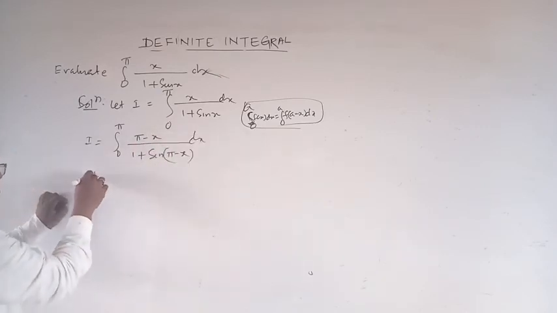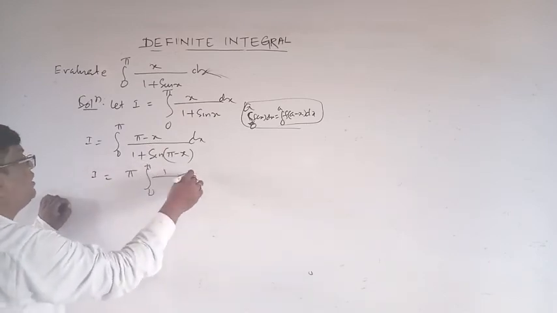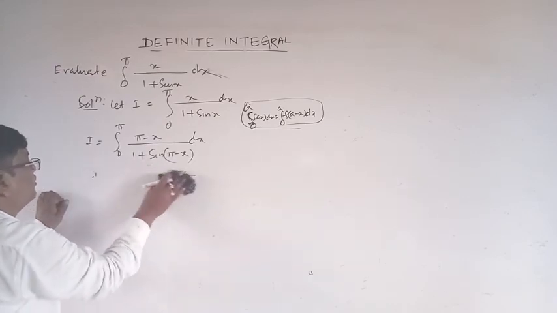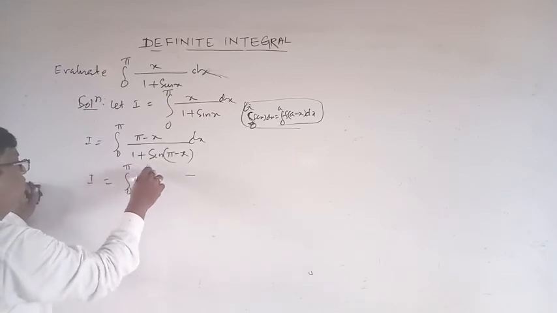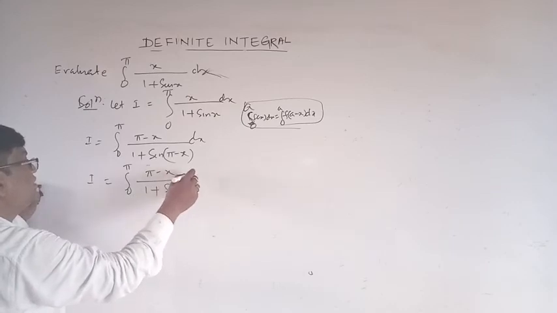And this is one step more here. This is I is equal to integral 0 to pi of pi minus x divided by 1 plus sin x dx.